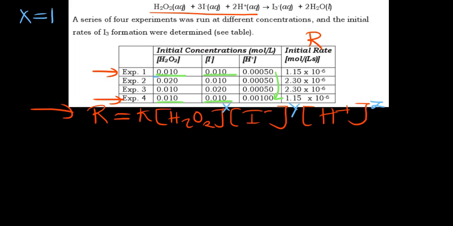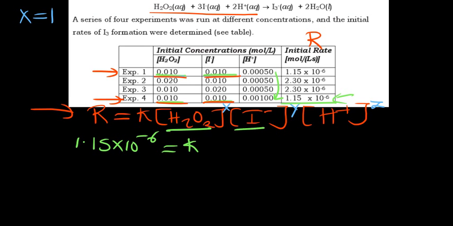So for experiment 1 and 4, we can see that the first reactant was constant, iodide was also constant, and then the other one was the same. Now, if you've observed they are the same, as a student who knows what to do, there's no need for you to even show. So I can go for experiment 4. The rate there was 1.115 times 10 to the power negative 6 equal to K. Now I know this was constant, that was constant, so even if I put them, they're going to cancel out.